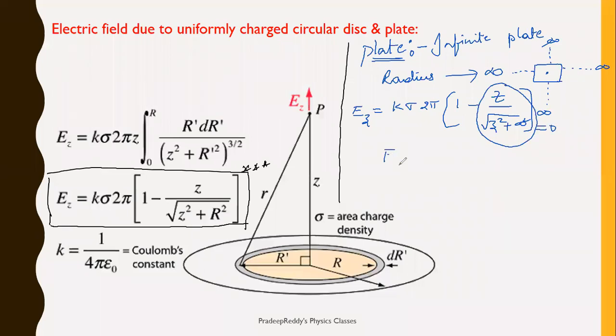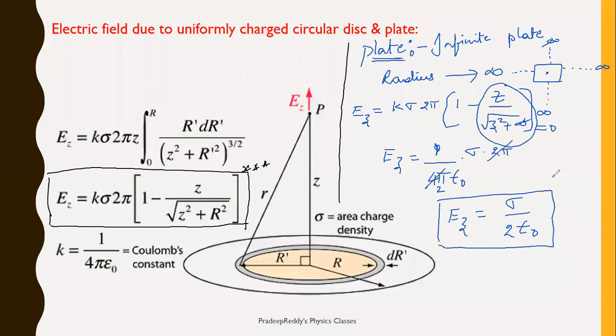Then Ez is equal to k, which is 1 divided by 4 pi epsilon naught, into sigma as it is, and 2 pi over here. This 2 pi and 2 get cancelled. What about this? It is Ez is equal to sigma by 2 epsilon naught.